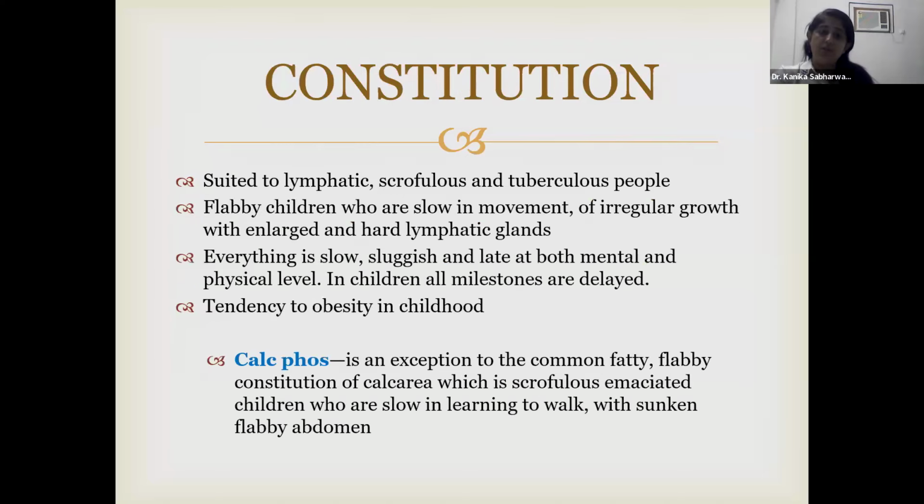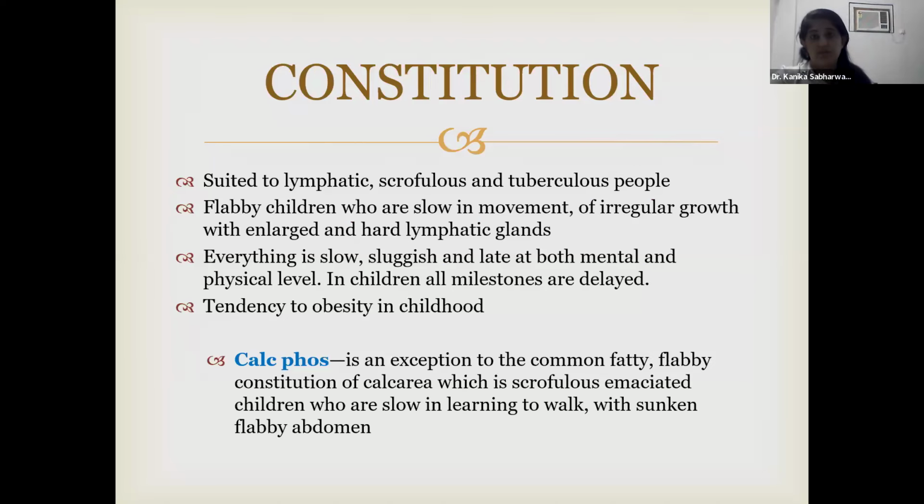By and large, the constitution leans more towards flabby children who have slow movement, slow and irregular growth, and tendency to hard and enlarged glands. Right? You could read Calcarea carb introduction from Boericke, you could talk about Calcarea iodata, and you will see this particular theme. Dr. Forum, here's the answer to your question. Everything is sluggish, both delays at mental and physical level.